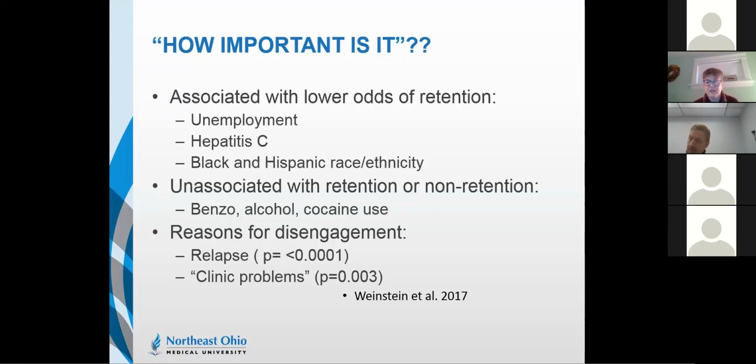So this is my reflection on this information, is for me to think, how important is it when I see one of these patients who has a bad social situation, they're not employed, other people in their family are addicted, they have medical comorbidities like hepatitis C, they're a young man from one of these ethnicity groups who I know is going to have a harder time for whatever reasons adhering to treatment.